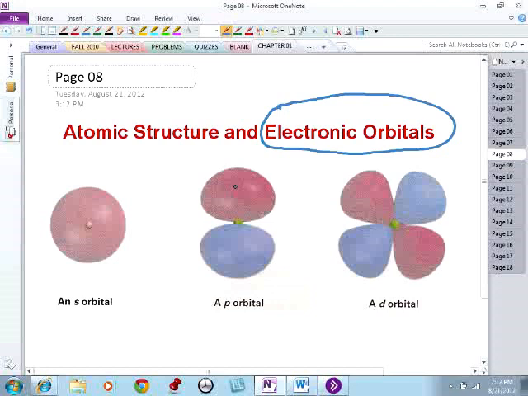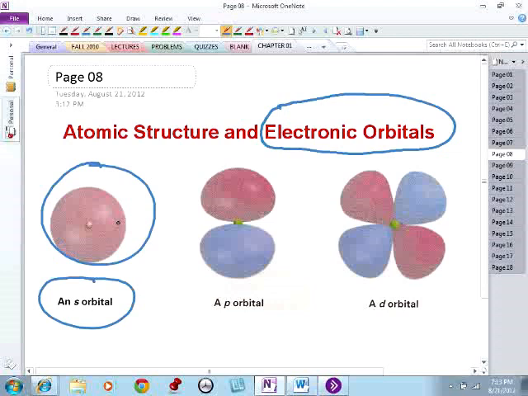Now there are different types of orbitals, as you already know. We have what we call the s orbital, and the shape is spherical, right? It's round. In other words, the electron in the s orbital will simply be moving around in a circle around the nucleus. And then we have the p orbital.